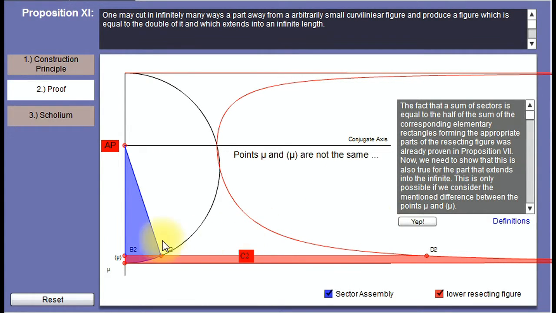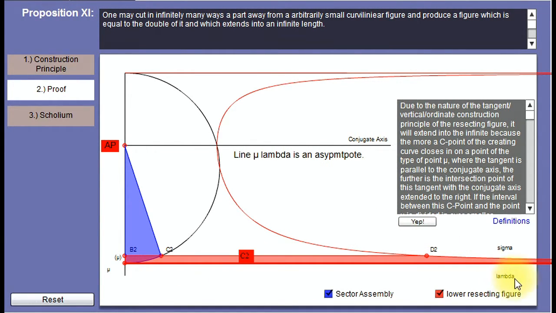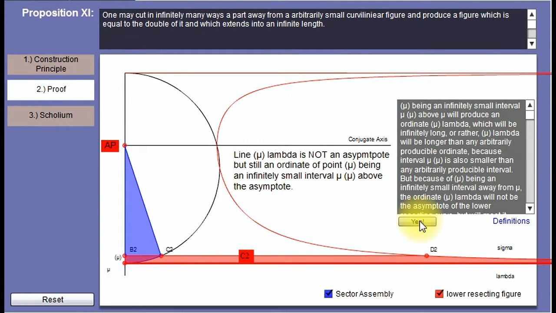And hence the ordinate, which is made up by the micron bracket point and the very point lambda, which would be extended here into the infinite, would not constitute an asymptote. So that's what we draw out here. Line micron lambda is not an asymptote, but it's still an ordinate of point micron, being an infinitely small interval, micron brackets, above the asymptote.